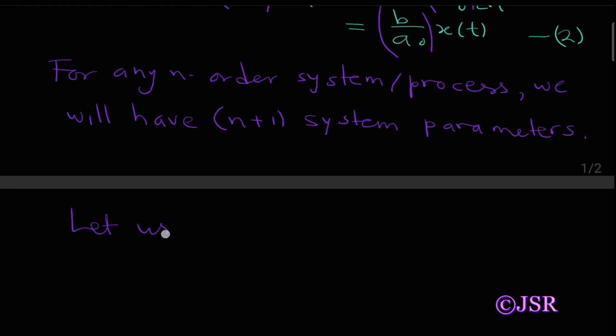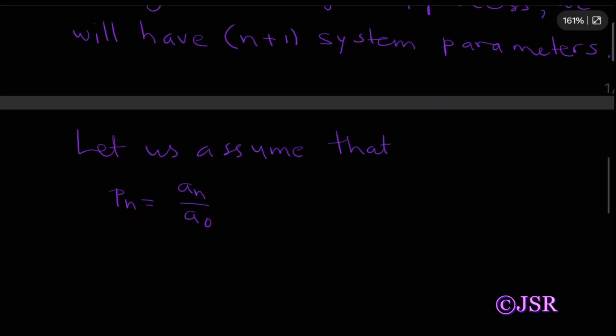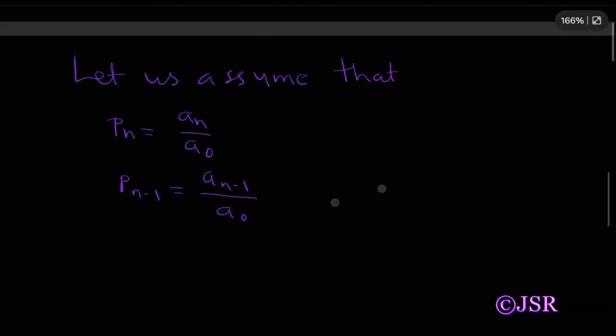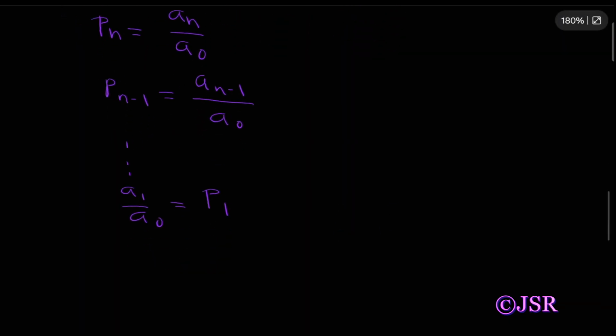So let's assume that Pn is a n by a naught, Pn minus 1 equal to a n minus 1 upon a naught, and so on, a1 upon a naught equal to P1, and we have Kp equal to b upon a naught.